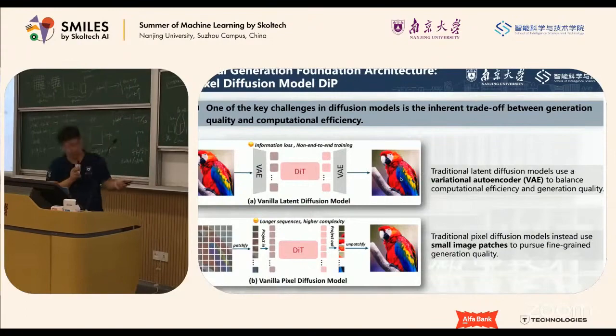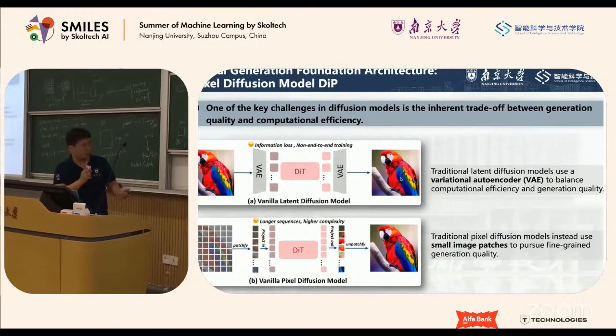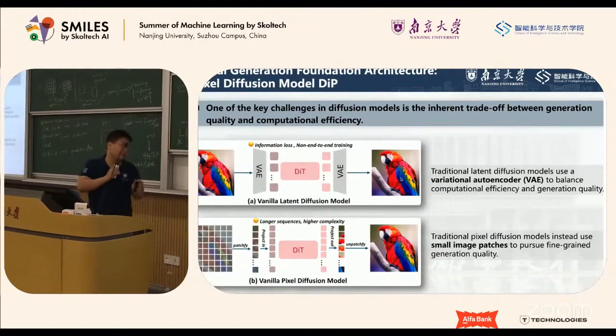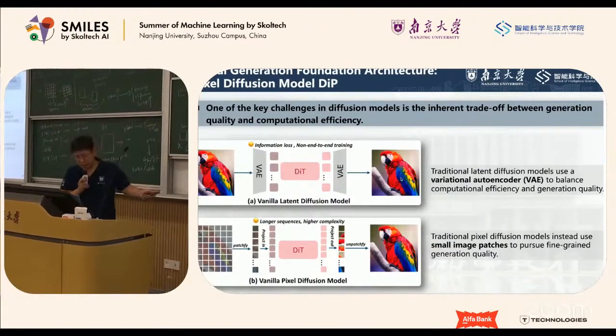While the pixel diffusion model is becoming more and more popular in recent years. So in pixel diffusion models, it directly models fine details, but requires much more computation.